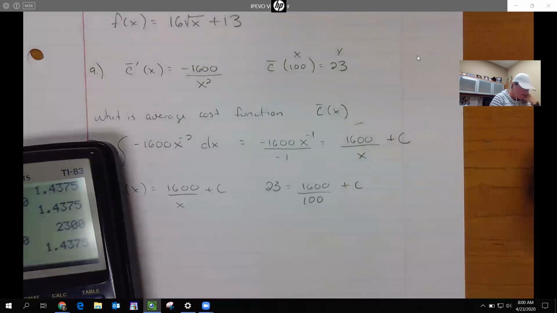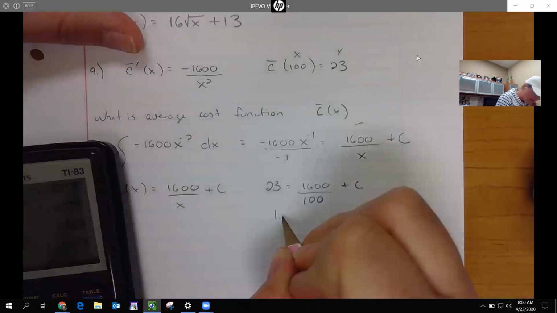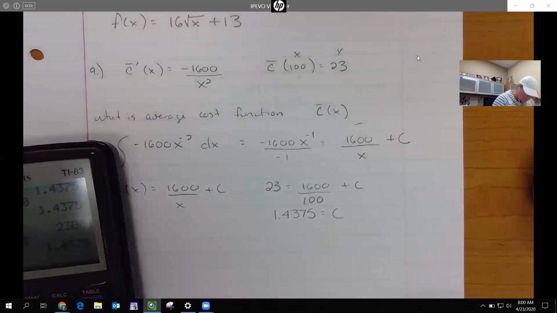Okay. So I'm not sure where I went wrong. So I'm just going to finish the problem with 1.4375 as my C value. I can do it 100 times, but I'm still getting 1.4375. I wonder where I got 7.